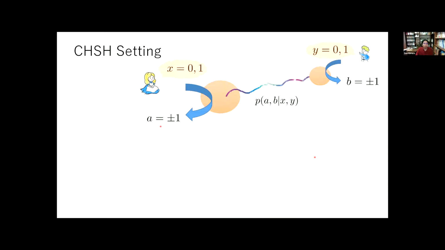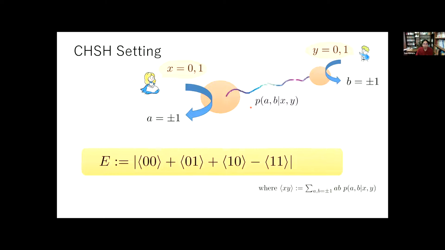Okay, and the simplest Bell scenario for arguing Bell's theorem is the so-called CHSH setting, where we have a non-trivial correlation. And the CHSH setting is a bipartite case where each observer has only two kinds of measurement, labeled by 0, 1, and also measurement outcomes are two valued, labeled by ±1 here.